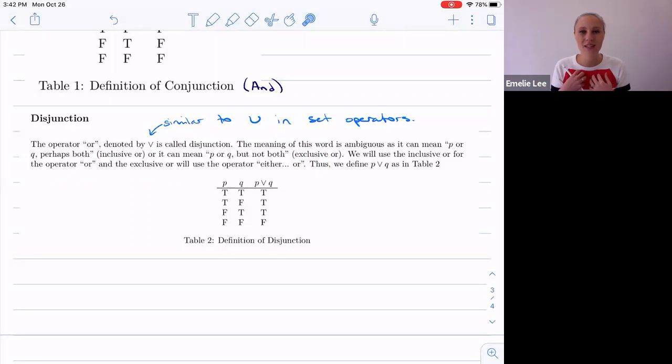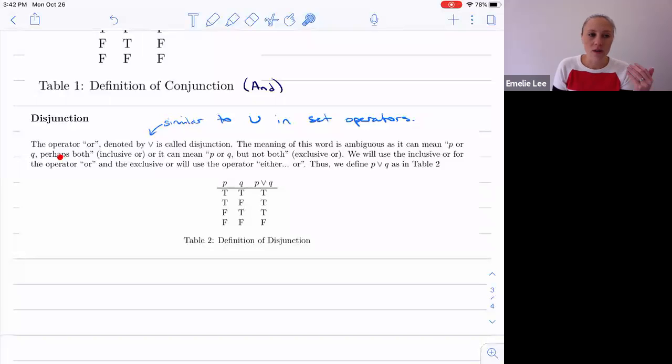For us in this course, and you'll want to check in if you do later courses, we're going to use the inclusive or, where or means P or Q or perhaps both.